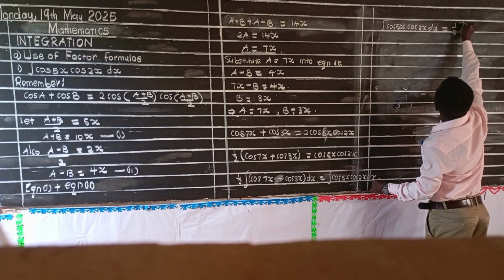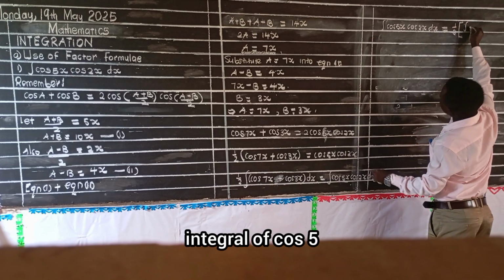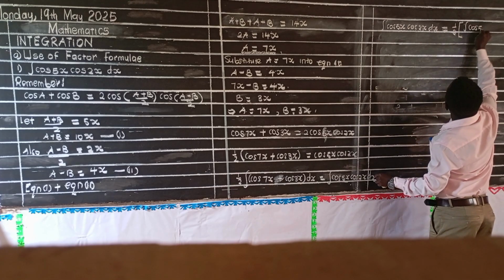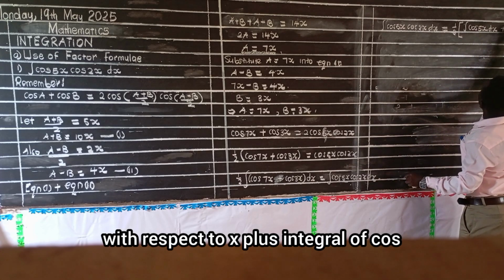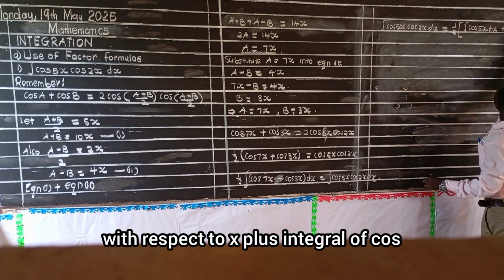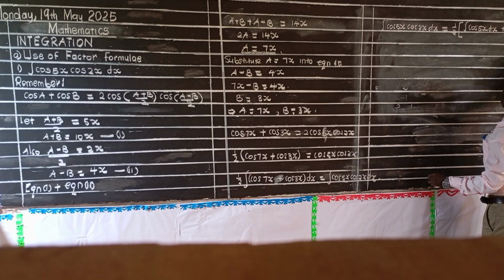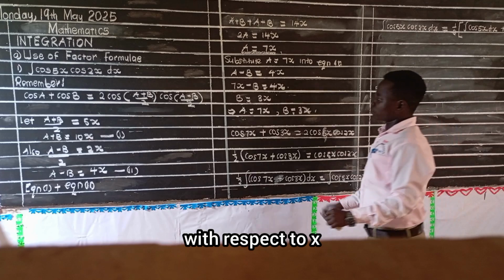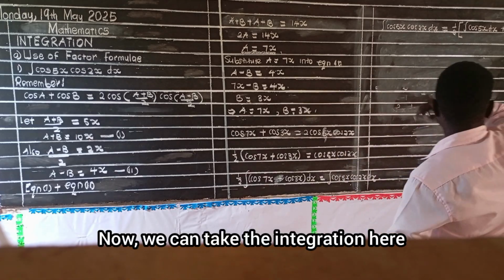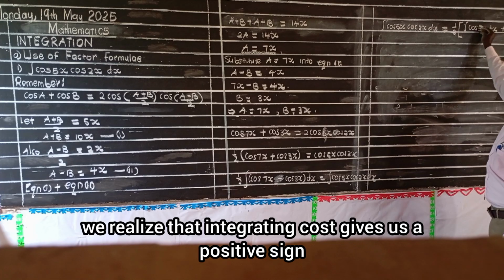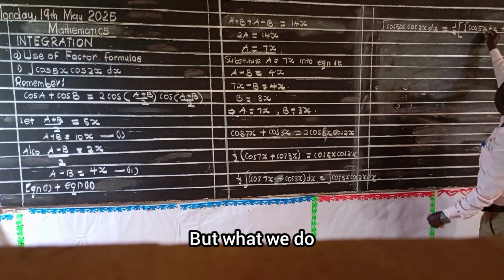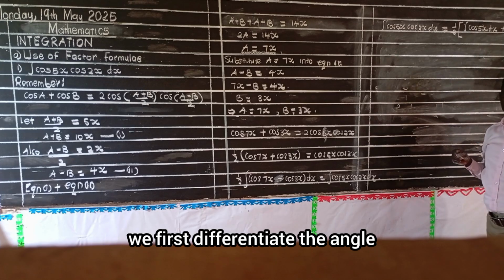integrating a half, the integral of cos 5x with respect to x plus the integral of cos 3x with respect to x. Now, we can take the integration here. From the compound problems, we realize that integrating cos gives us a positive sine. But what we do, we first differentiate the angle.